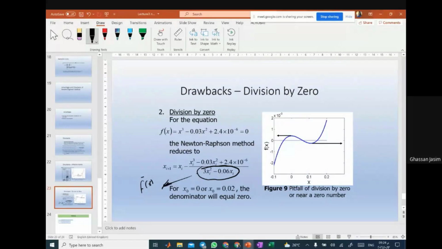Okay? If we substitute x naught equal 0.02, then in the f dash denominator we will get 0.